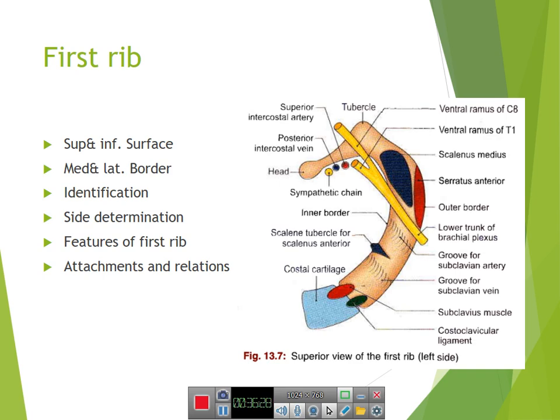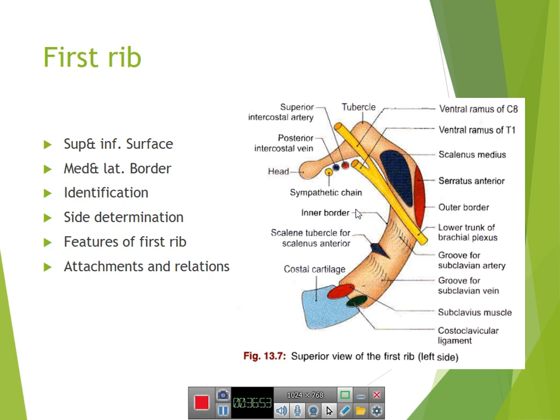The tubercle and angle of the first rib are together. It articulates with the transverse process of the first thoracic vertebra to form the costotransverse joint. And the last feature of the first rib is the shaft or body.